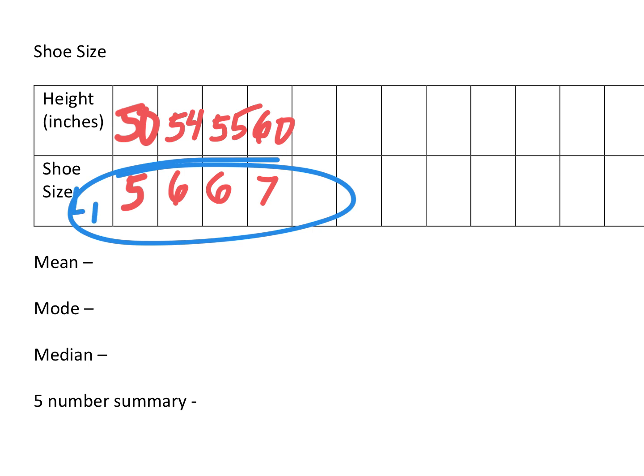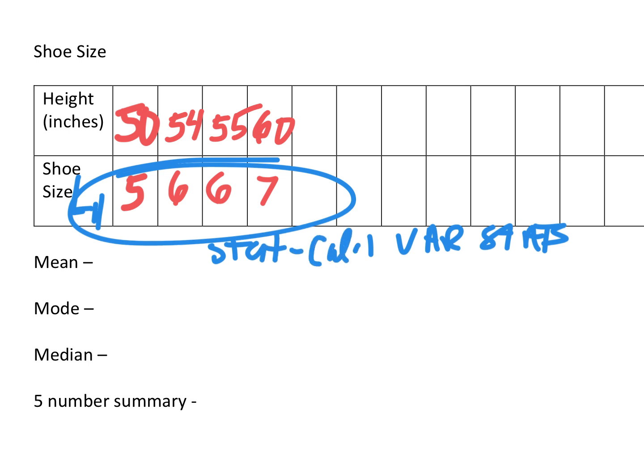So as you put these numbers into L1, 5, 6, 6, 7, your calculator under 1 var stats, you do stat calculate 1 var stats.